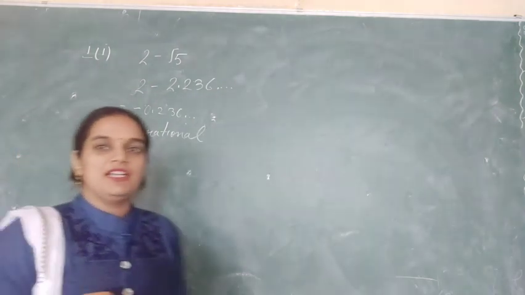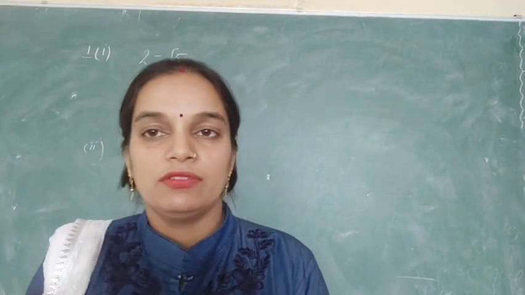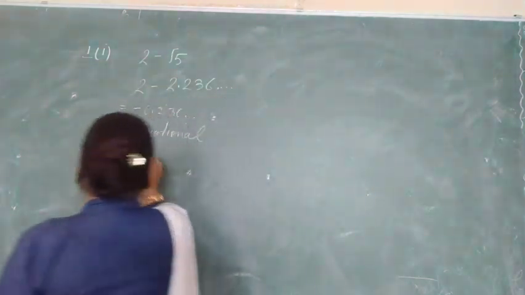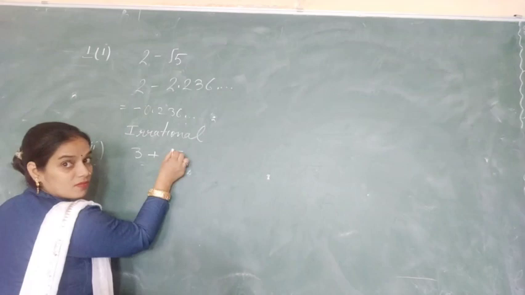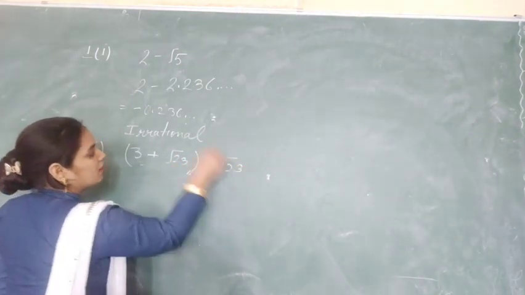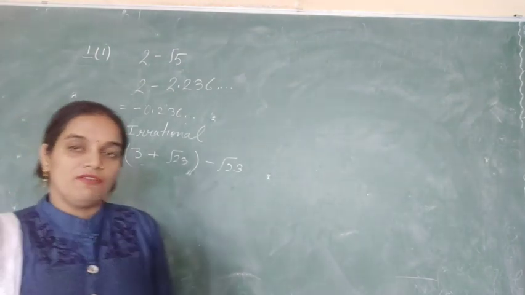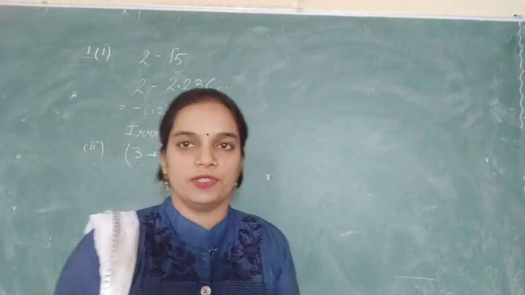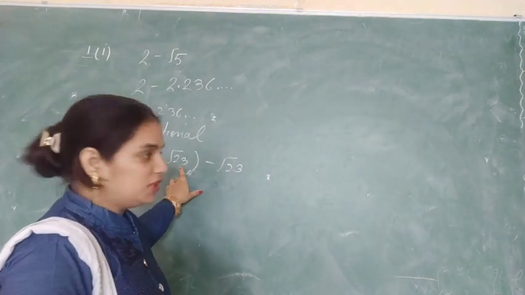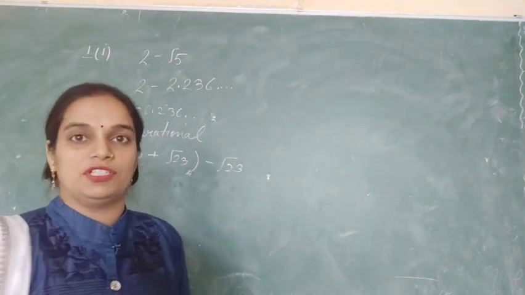Now in the second part, we have 3 plus under root 23 minus under root 23. When we solve this question, we see here under root 23 and minus under root 23.